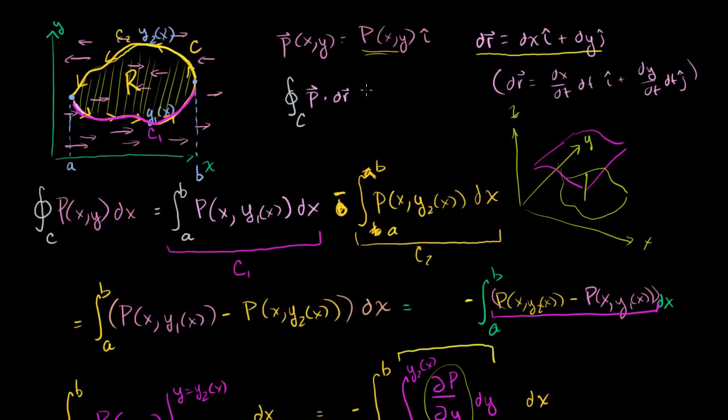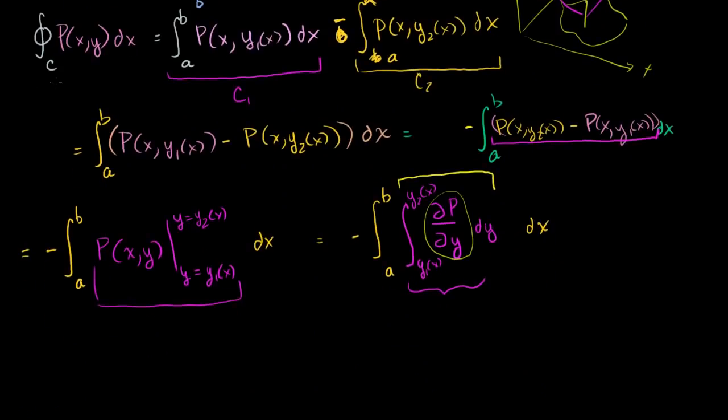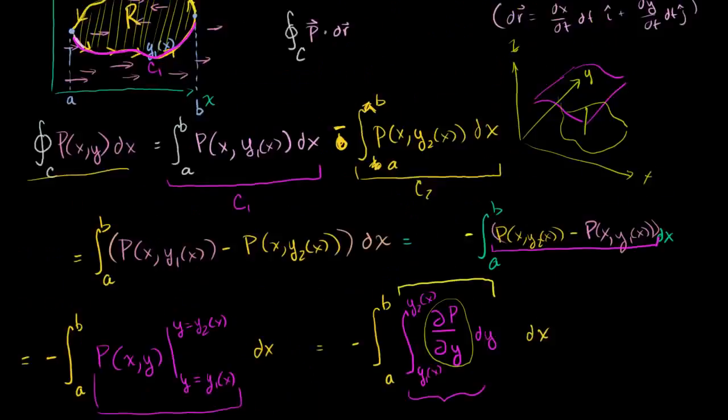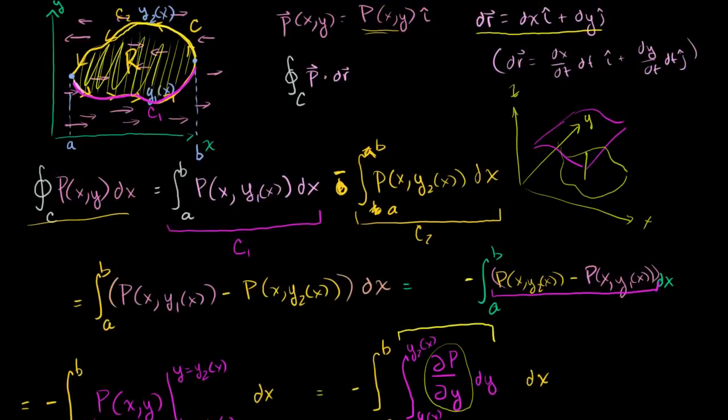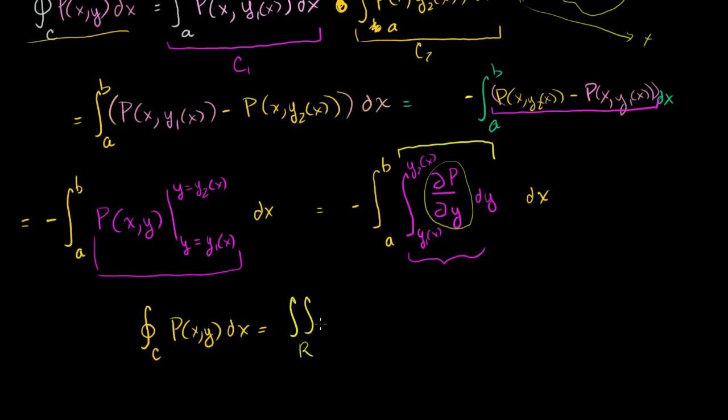We've just established that this thing right here, which is the same as our original one, so let me write that: the closed line integral around the curve C of P of x,y dx is the same thing as the double integral over the region R, this is the region R, of the partial of P with respect to y.